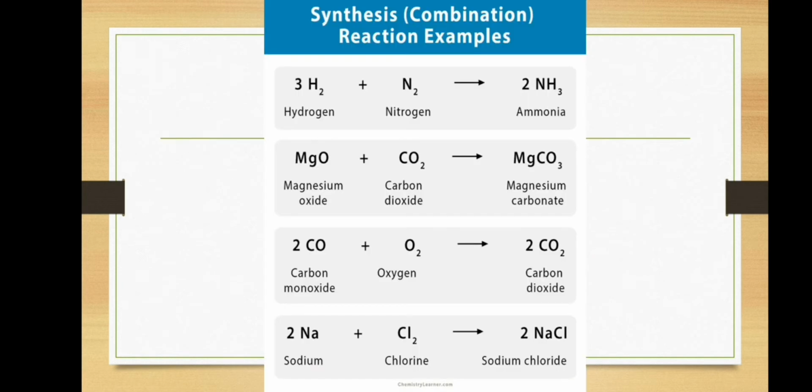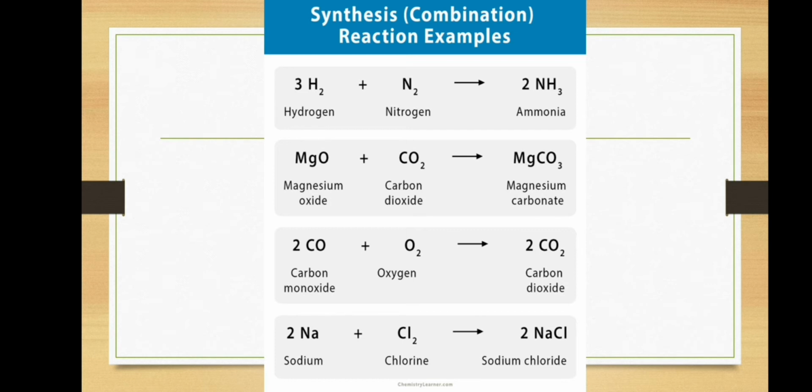So this is another example of it. From the subscripts pa rin, nakikita natin that from the two elements combined, it will produce one product. By this example, as we can see, hydrogen and nitrogen are called the reactants, and the combination of them is called the product.